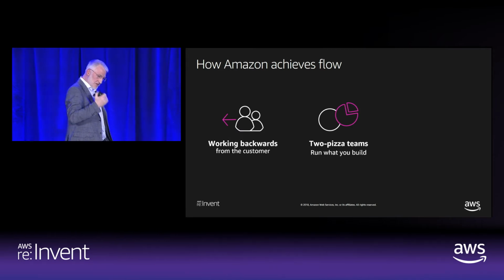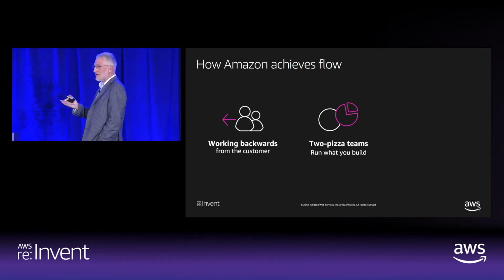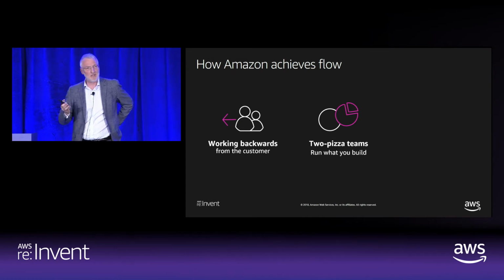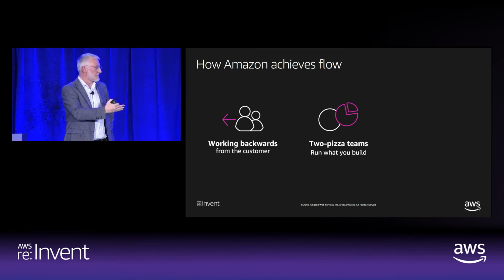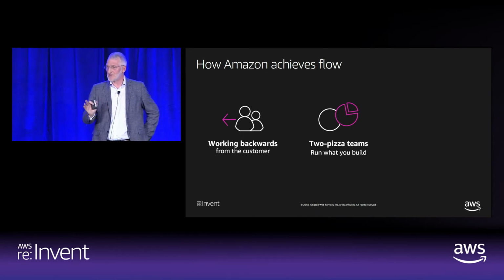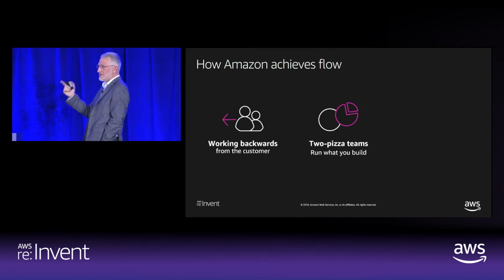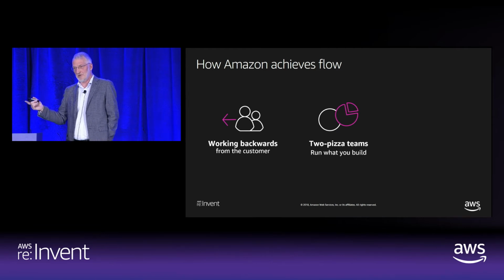And then we have, as I mentioned earlier, this 2-pizza team construct where you own what you build. This is very powerful, because when you deploy something into production and it breaks at 3 in the morning, for some reason it's always 2 or 3 in the morning, the operations team is not the one that's going to have to figure out how to fix it, because they don't know.